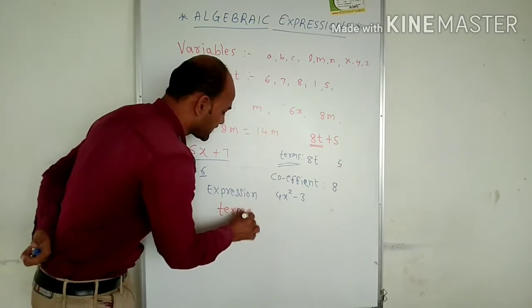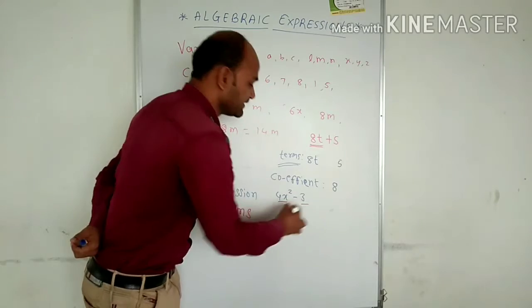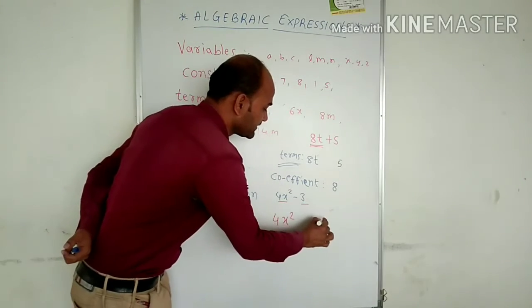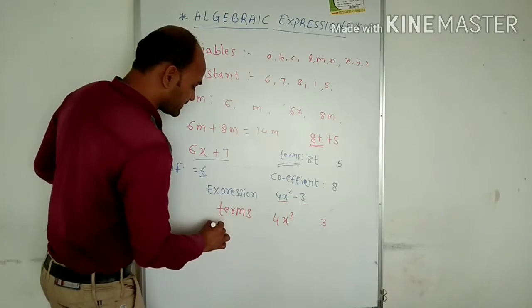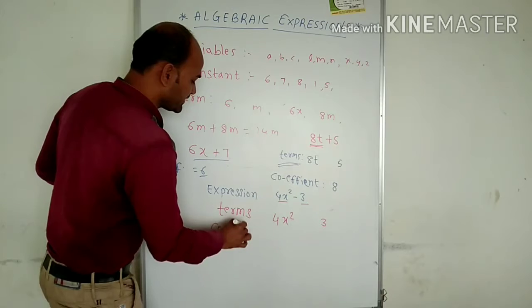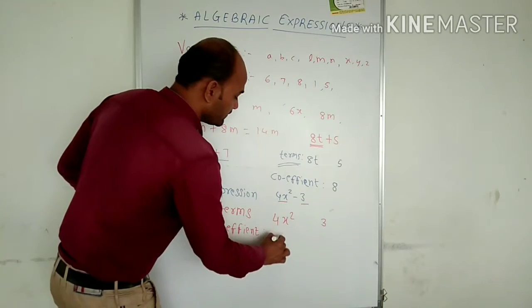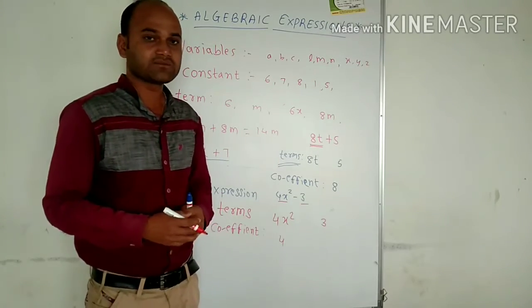What are the terms here? 4x square is one term and 3 is another term. And the coefficient of x square is 4.